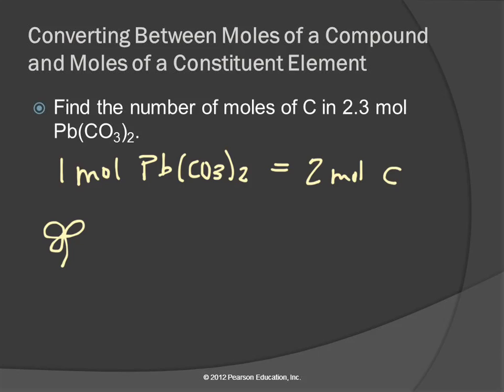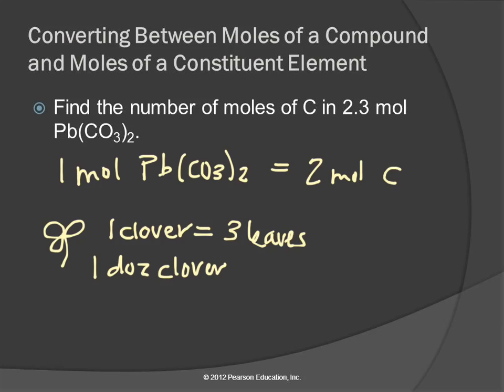So there's a clover. 1 clover has 3 leaves. If I had a dozen clovers, how many dozen leaves? 3, right? 3 dozen. Why does it work out that way?